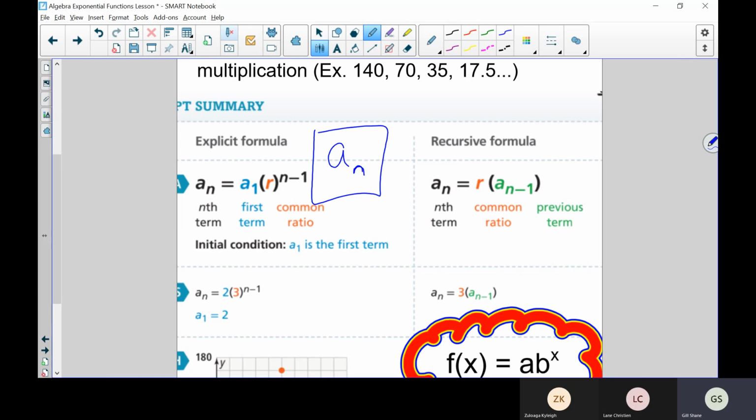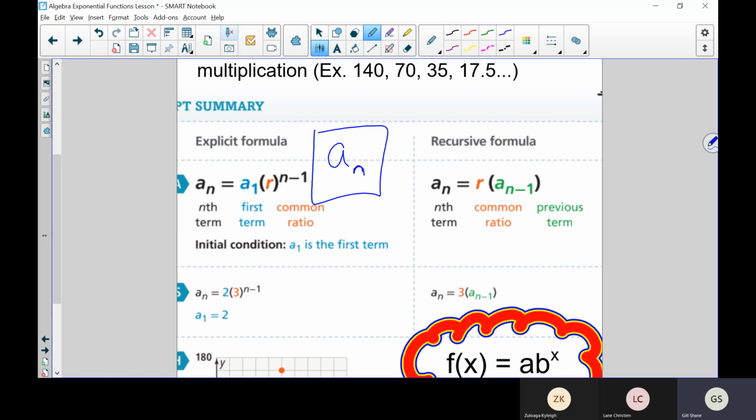A sub 1 would be the first term, but I said a sub n, so it's whatever term you're given. It's not the exponent. R is the pattern. It's how many you're multiplying by, and that's the R. That's the pattern, the previous term.